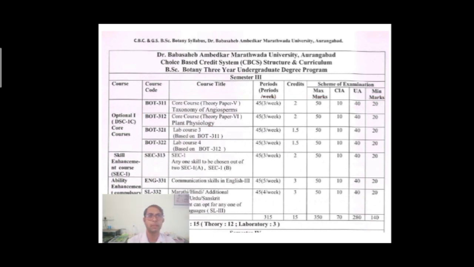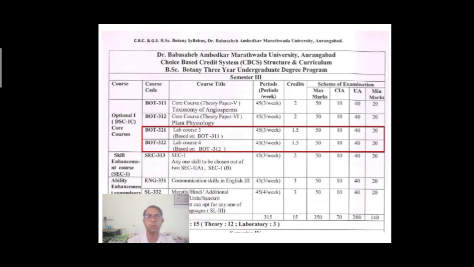A class internal test or assessment is for 10 marks, and the other exam is for 40 marks. Along with that there will be a lab course or practicals based on these two theory papers, titled lab 3 and lab 4.